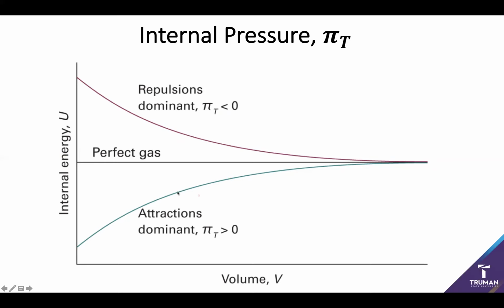And we see a very similar but opposite behavior if I have a positive internal pressure, where I have gases that have found a nice equilibrium. They like hanging out with each other, and so I'm going to have to put energy into the system in order to expand my chamber and break those attractive IMFs.